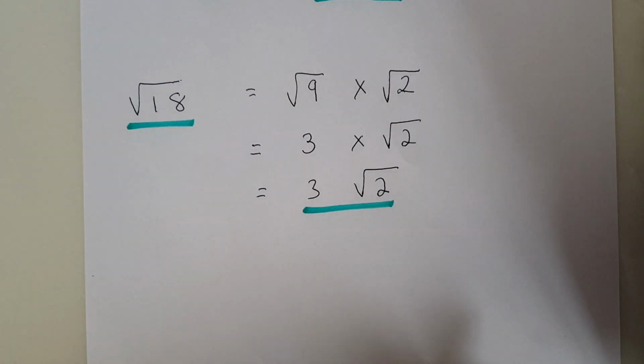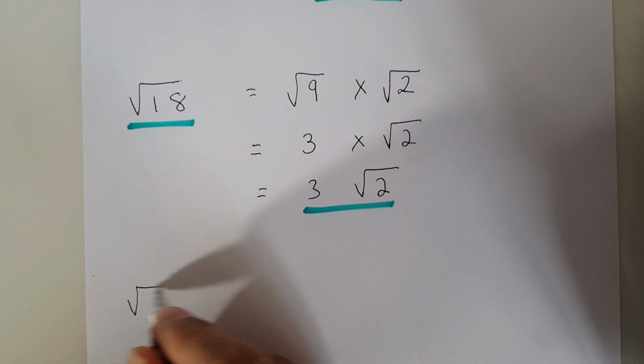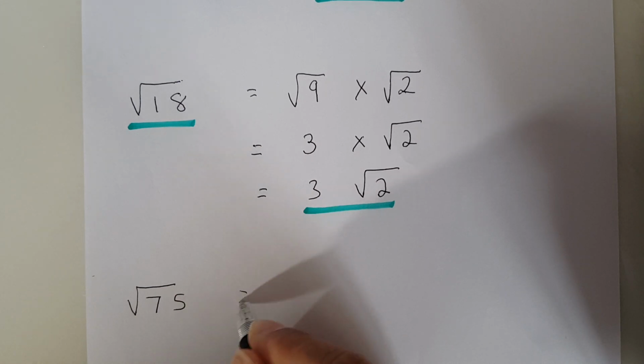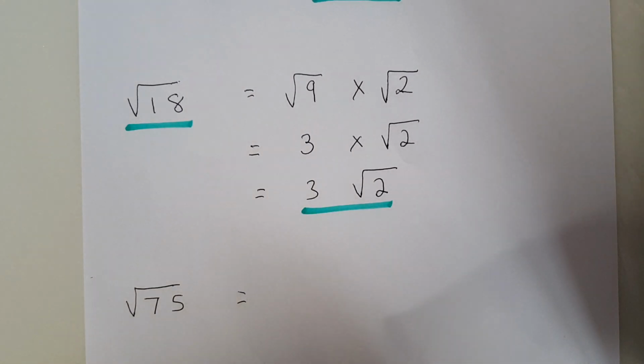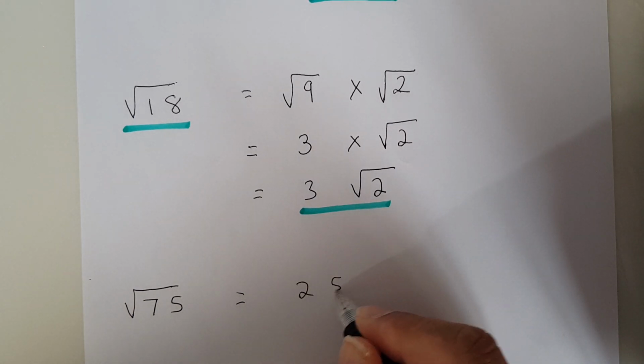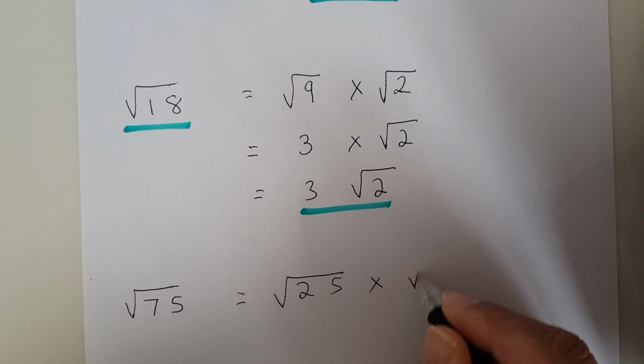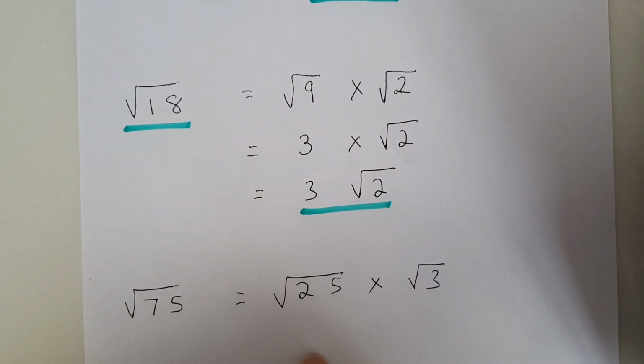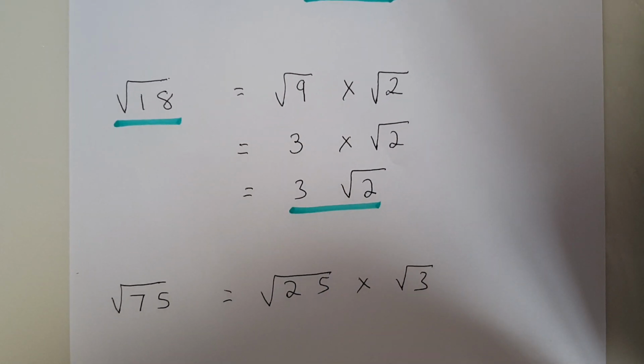Let's do another example. Let's do square root of 75. That's definitely a surd. There are no two numbers the same that make 75. So 25 times 3: square root of 25 times square root of 3.